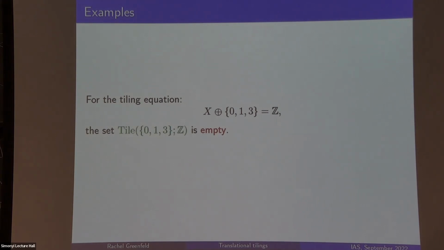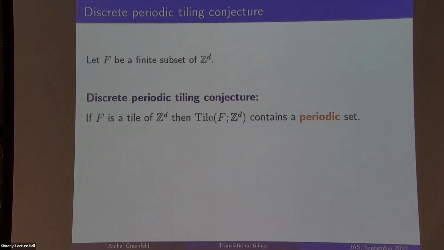Okay, so these are some examples, and under the discrete setup, I can also ask the question about the periodicity of tiling, to formulate the discrete periodic tiling conjecture, which suggests that if F tiles Z^d, then it admits a periodic tiling.